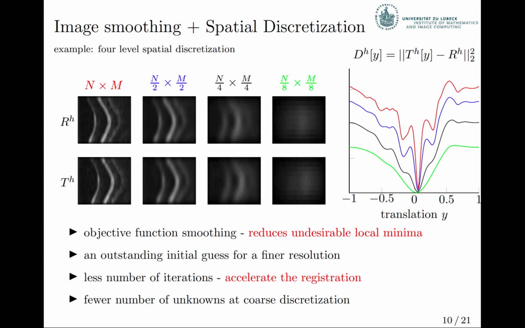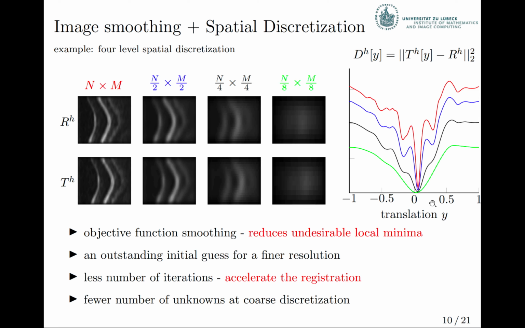Now what I'm doing here is that I take these 2 images, R and T, and I construct a hierarchy of images. As I go from left to right, I increase the smoothing of the image and represent the smooth image at the coarse resolution. In order to register these images, we start from the right-hand side. First we take the oversmoothed images, corresponding to the green curve in this plot.